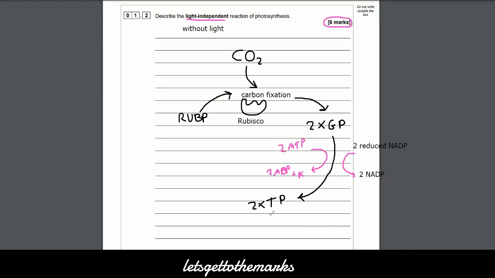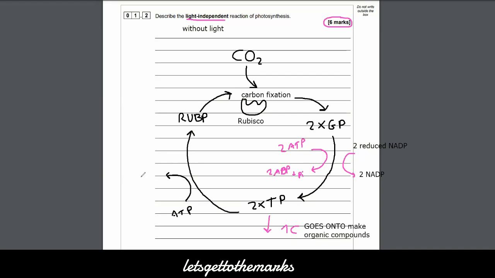Now, what happens to the triose phosphate? What is the fate of the triose phosphate? One carbon comes off and goes on to make an organic compound like glucose, a lipid for the waxy cuticle of the plant, or storage carbohydrates such as amylose or amylopectin. But the other 5 carbons are recycled back into ribulose bisphosphate.